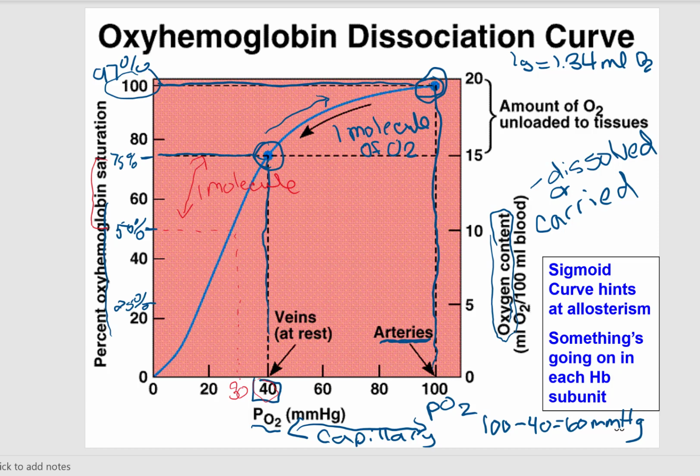millimeters of mercury. What about going from 50% saturation to 25% saturation? It looks like approximately, again, another 10 millimeters of mercury. What about going from 25% down to 0% saturation? Well, that's a difference of about 20 millimeters of mercury.